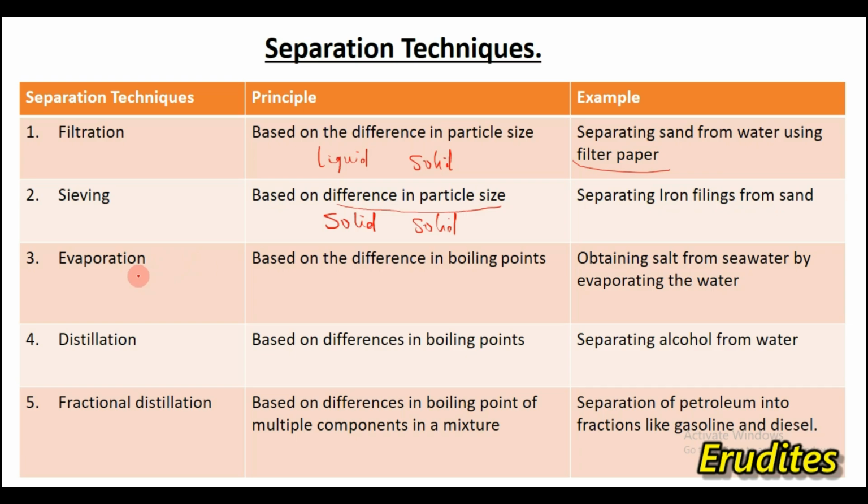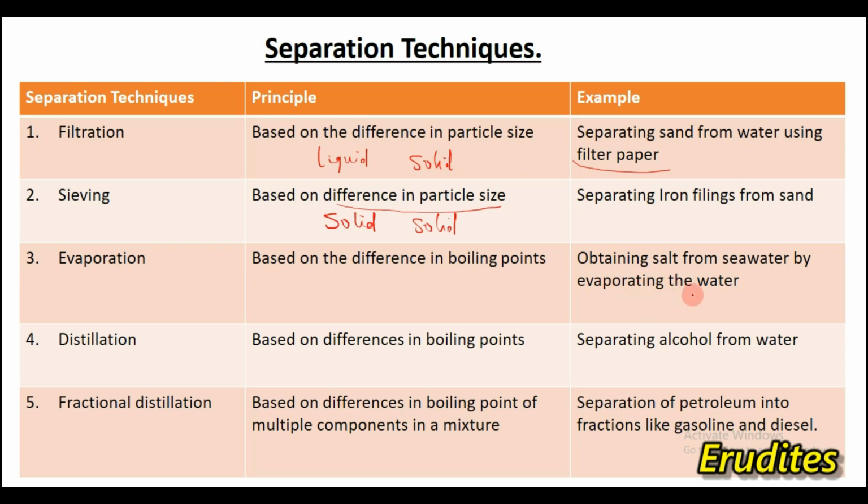Okay, another example of a separation technique is evaporation. And this is based on the difference in boiling point. So an example of evaporation is obtaining salt from seawater by evaporating the water. By heating the water, we can get the salt from the water.